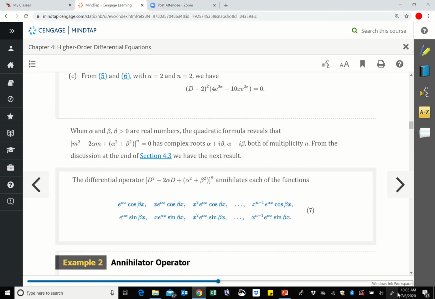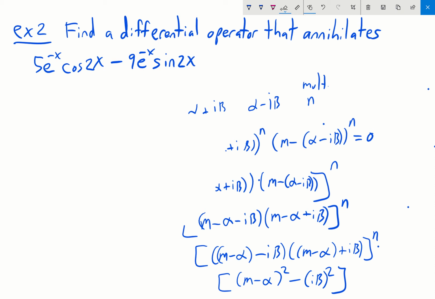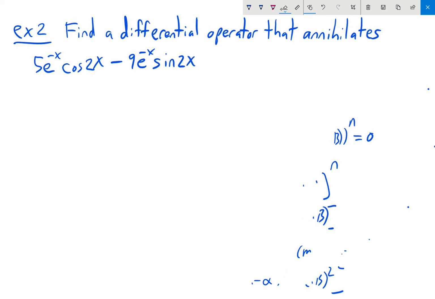Let's take a look at one together. Let's find a differential operator that would annihilate 5e to the negative x cosine of 2x minus 9e to the negative x sine of 2x.